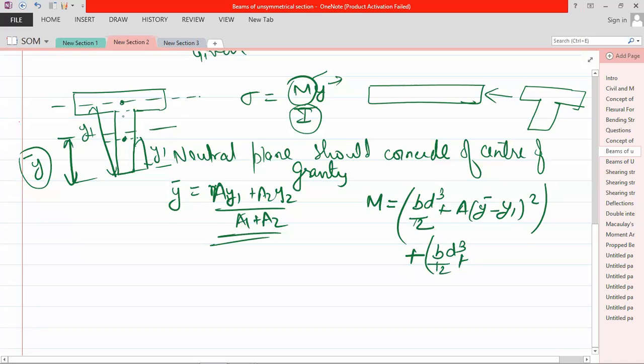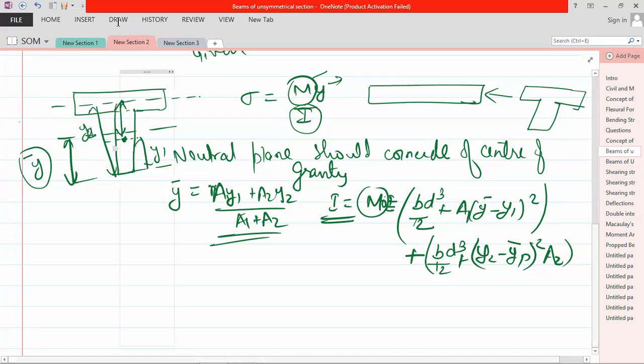Now shift the axis to the neutral plane: this is y2, so (y2 minus y bar) square into a2. This is the way you obtain the moment of inertia, MOI, or simply I. This is the moment of inertia of this section.